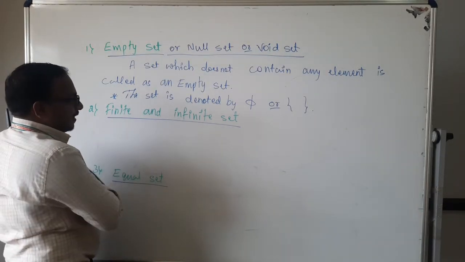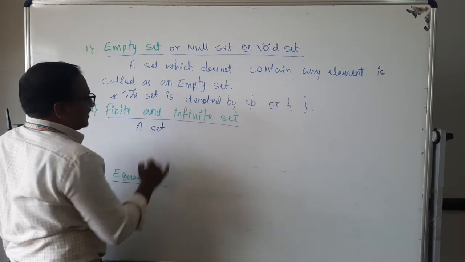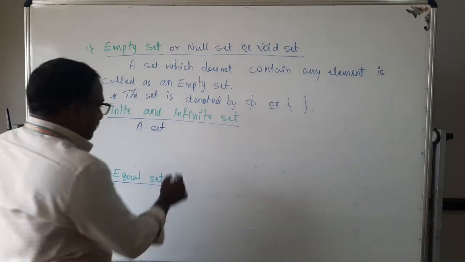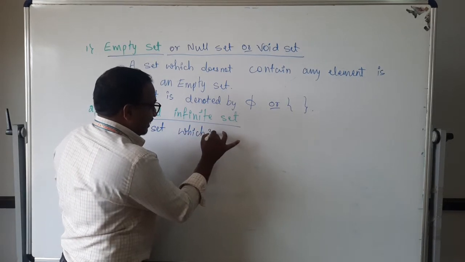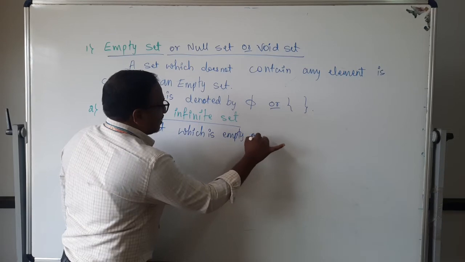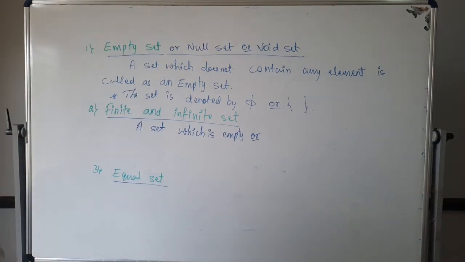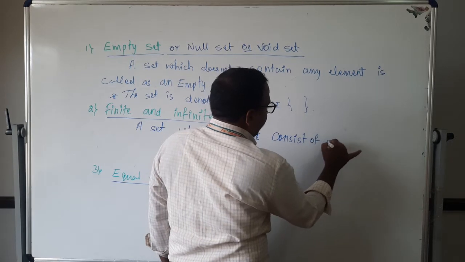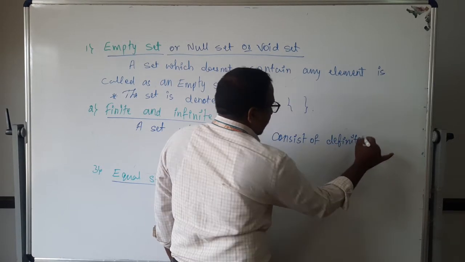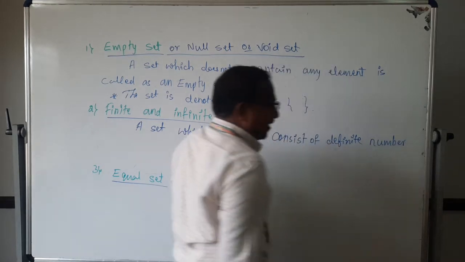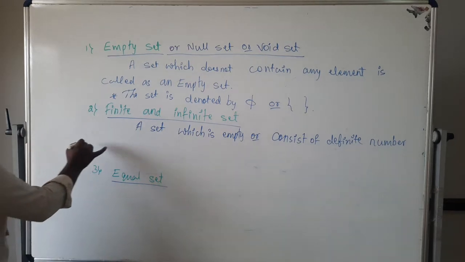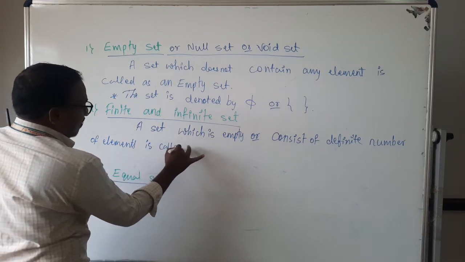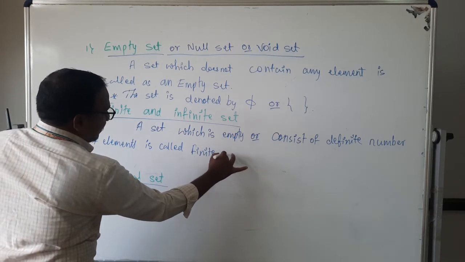Finite set. A set which is empty, or consists of a definite number of elements, is called a finite set.